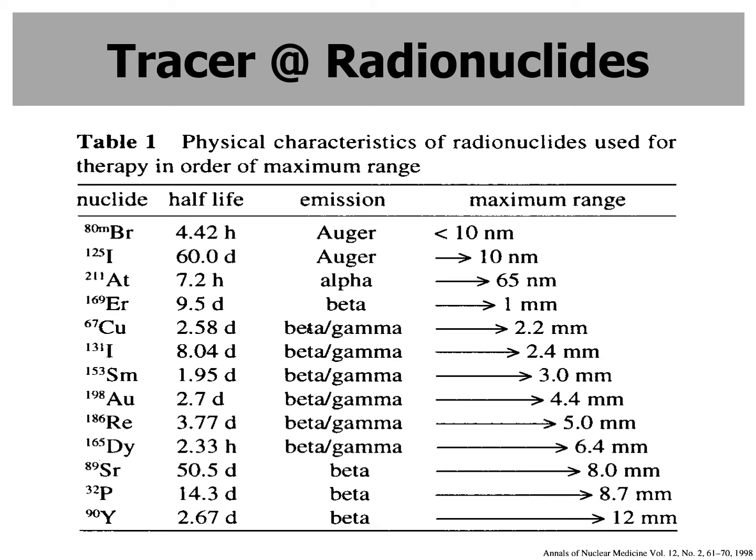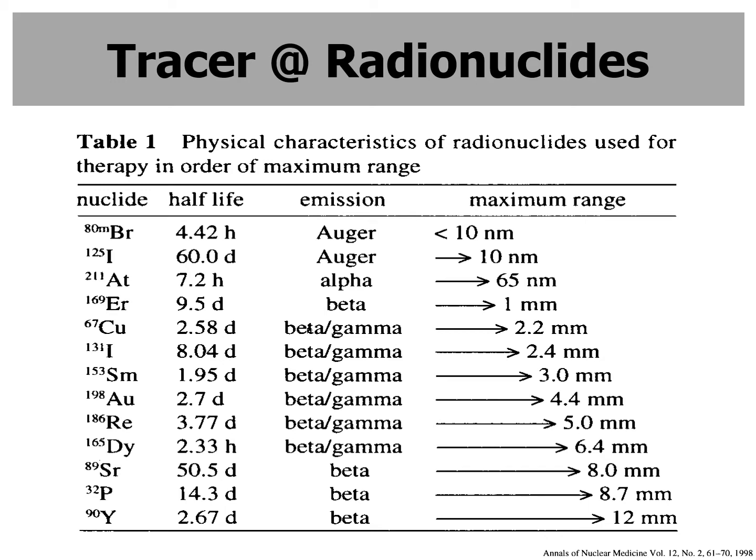The same goes for samarium, rhenium-186 and others. But for strontium, phosphorus as well as yttrium-90, they are purely beta emitters with a bigger maximum range that they can travel.